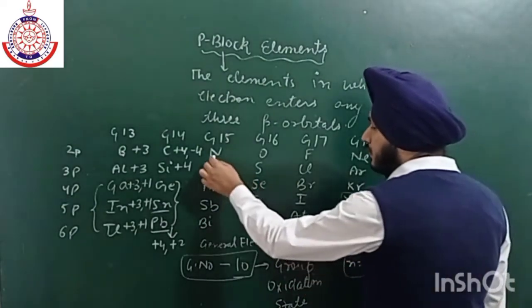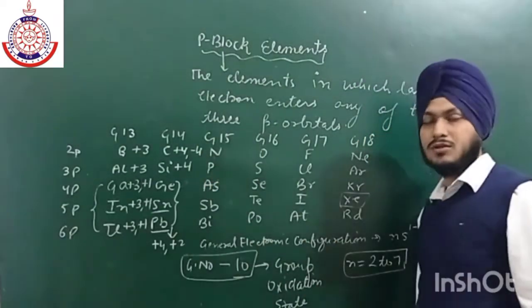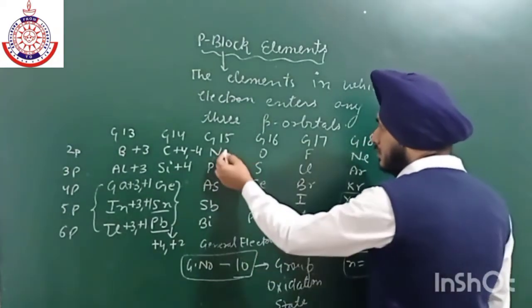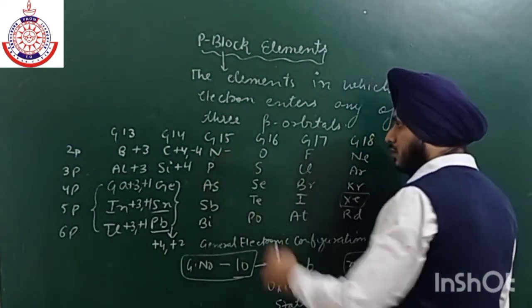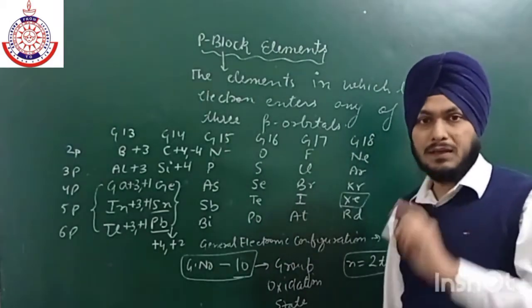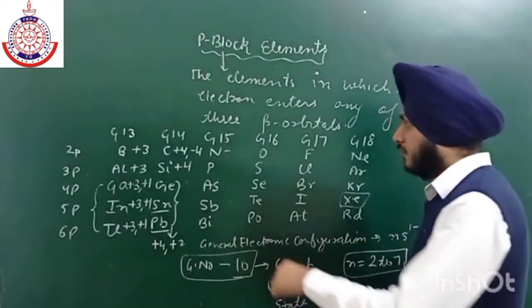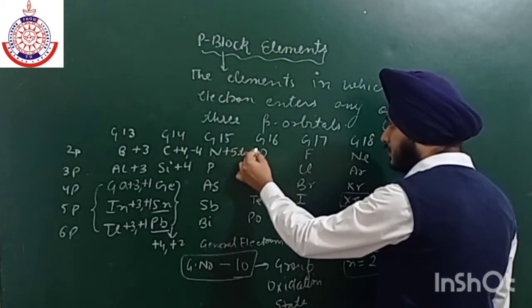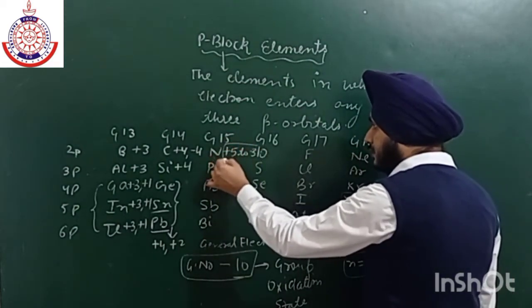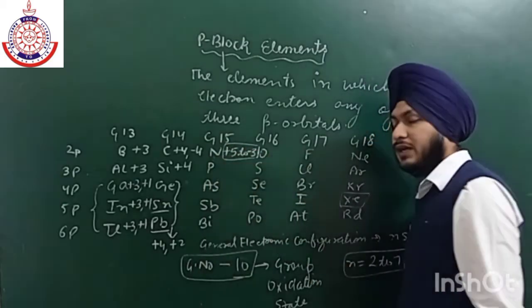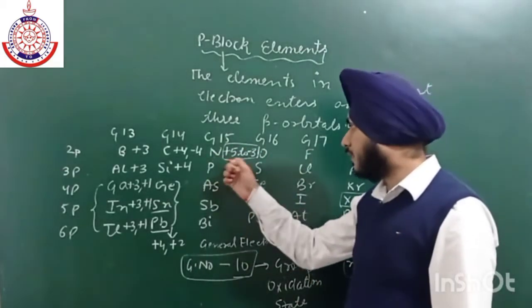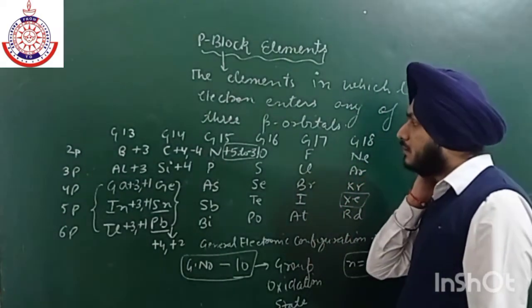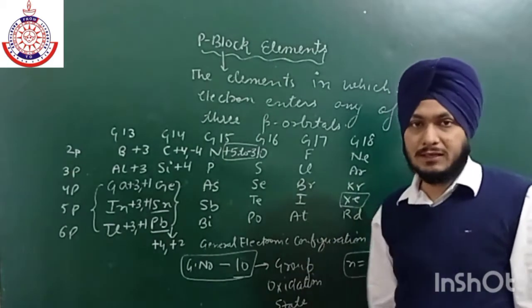So if we talk about nitrogen, nitrogen has a tendency to show oxidation state from +5 to -3. It has a higher tendency to show variable oxidation state from +5 to -3. So compounds of nitrogen exist in oxidation states from +5 to -3.